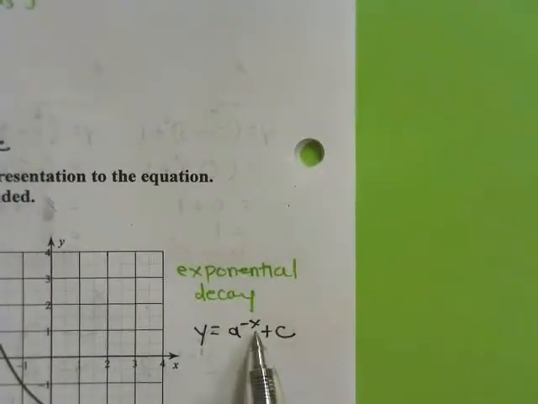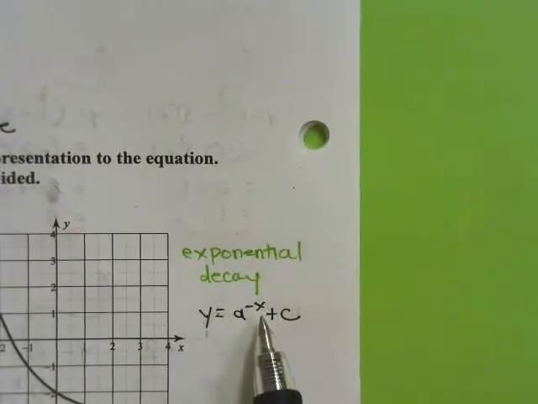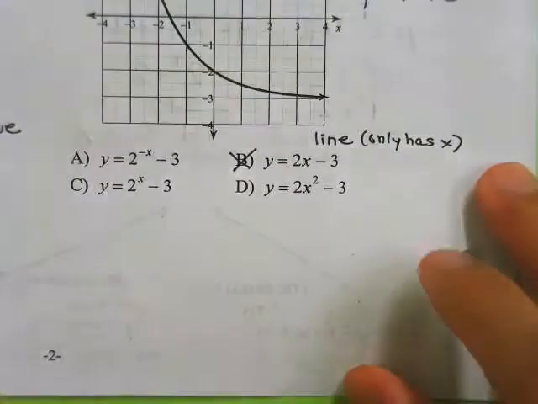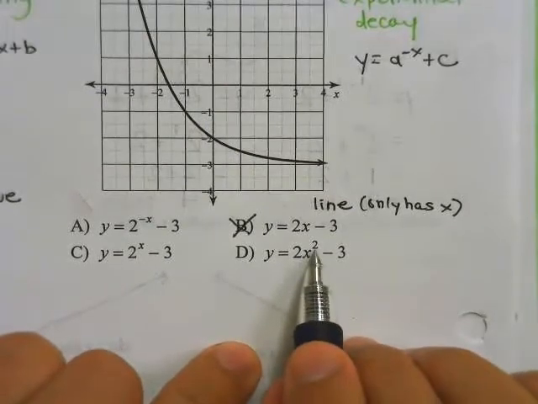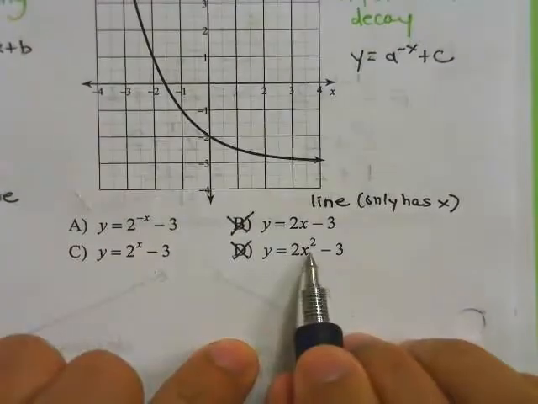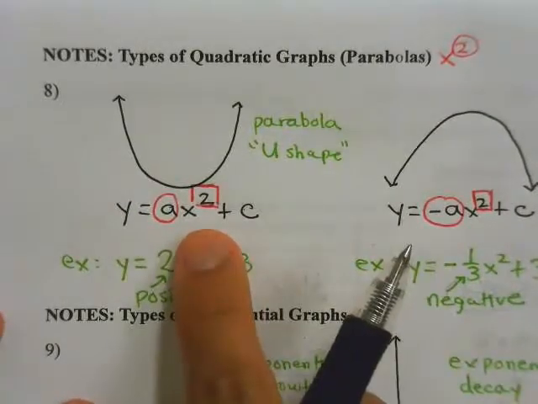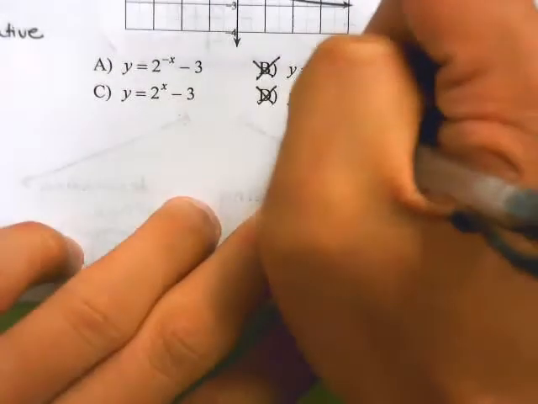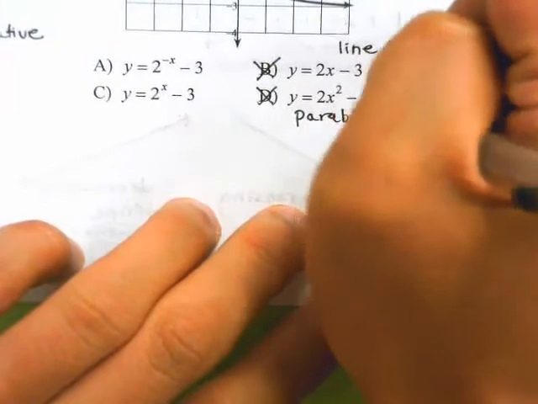And it's not in this structure over here where the variable is at the exponent. So that's not going to work. Let's take a look at D now. Oh, it has an x squared. I'm going to X that out because x squares are what? x squares are parabolas. So I'm going to X that out. This is a parabola.